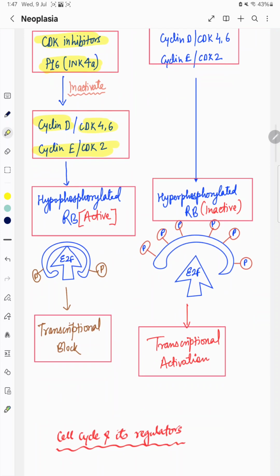So this will result in hypophosphorylated RB gene. Hypophosphorylated RB gene is an active form of RB gene.